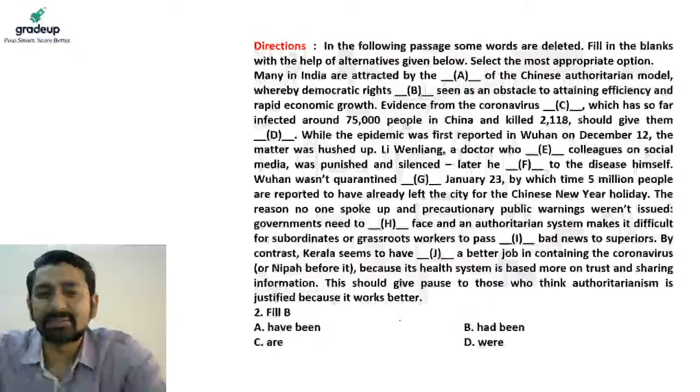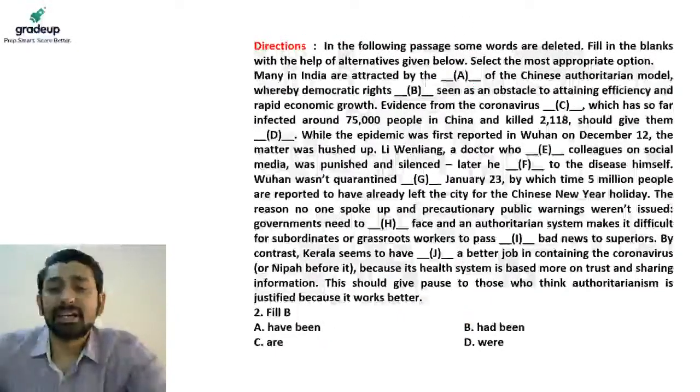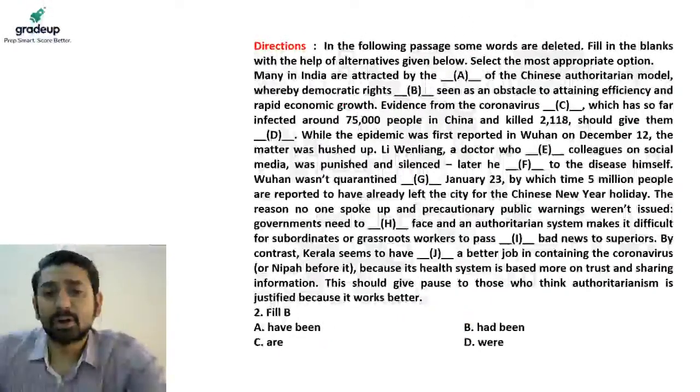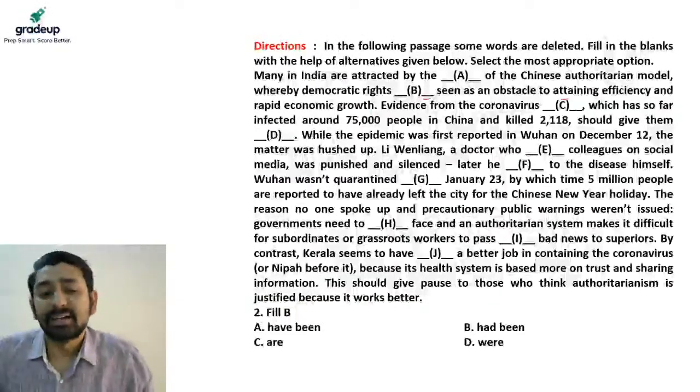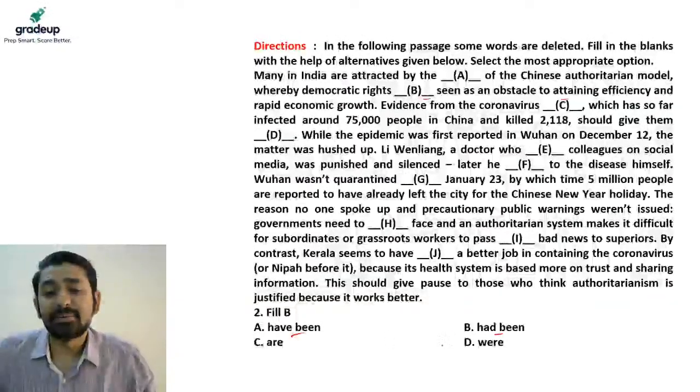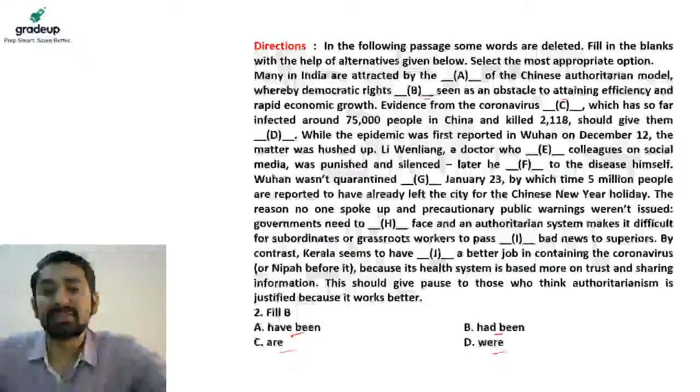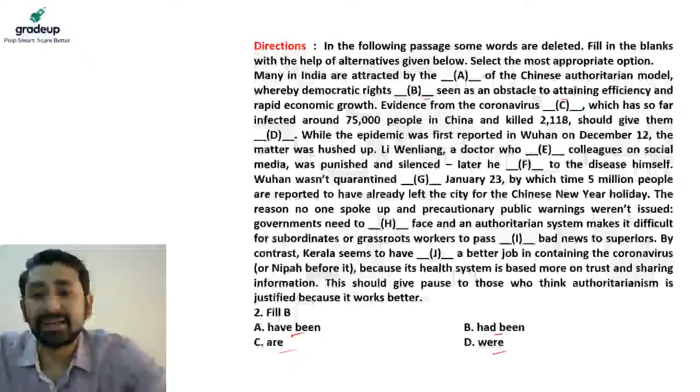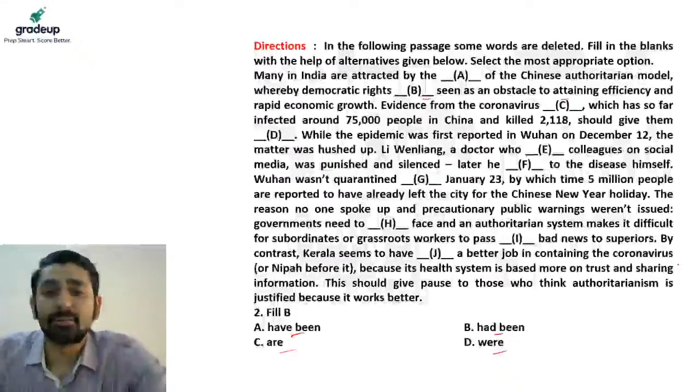Next blank says, to the allure of the Chinese authoritarian model, whereby democratic rights dash seen as an obstacle. Democratic rights have been seen, had been seen, are seen, or were seen as an obstacle to attaining efficiency and rapid economic growth.